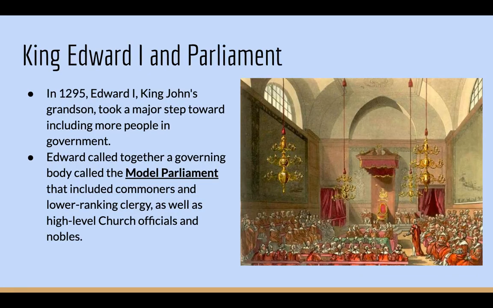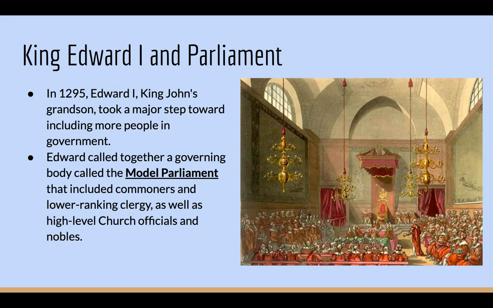So next, we're going to look at King Edward I and Parliament. In 1295, Edward I, who was actually King John's grandson, took a major step toward including more people in government. Okay, so even though the Magna Carta applied solely to those high-ranking church officials and nobles, we do have some future monarchs who take steps to include more people, all types of people, in government.